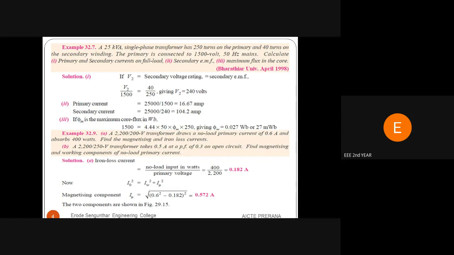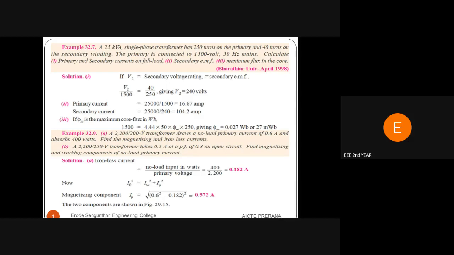Then, having determined I1 and I2 and the secondary induced EMF, the other data is the maximum flux in the core. We can substitute in either EMF equation of the transformer, E1 or E2, to get the maximum flux in the core. E1 equal to 4.44 times frequency f times phi m times N1. That is the formula for determining the maximum core flux.